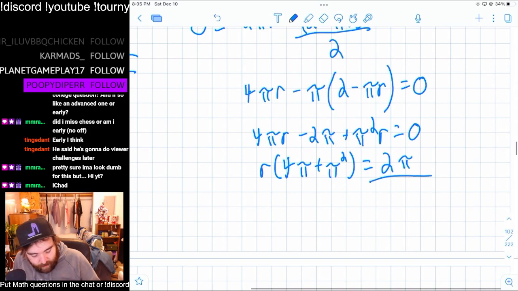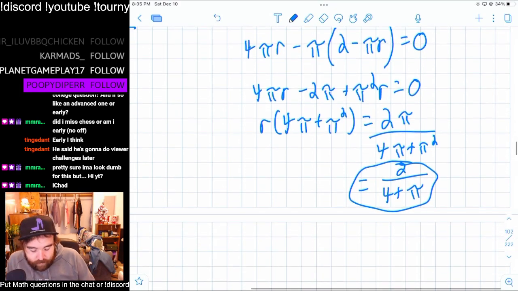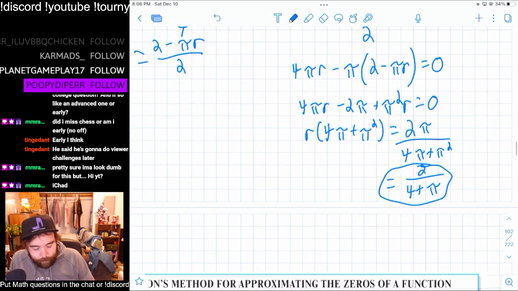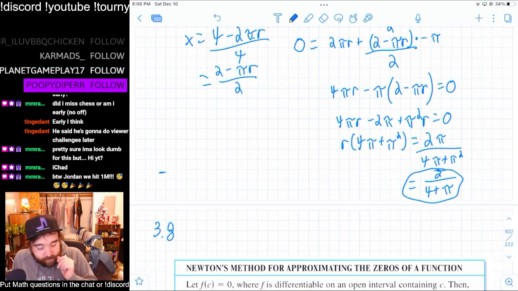Then I'm going to divide by 4 pi plus pi squared, and the pi's are going to cancel. So 2 over 4 plus pi is the radius of the circle.